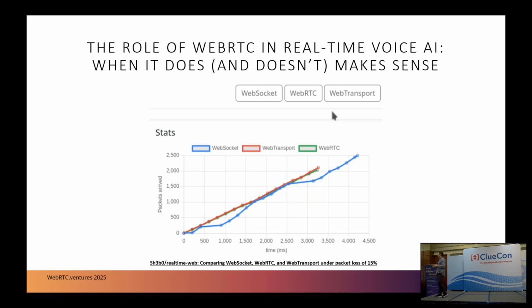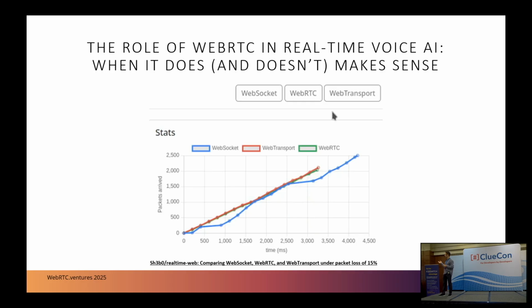You can see the blue line is the transmission of large amounts of data, and the latency is close to 4 seconds, while over WebRTC it is close to 3. So you are adding more than 1 second of latency by using WebSockets.